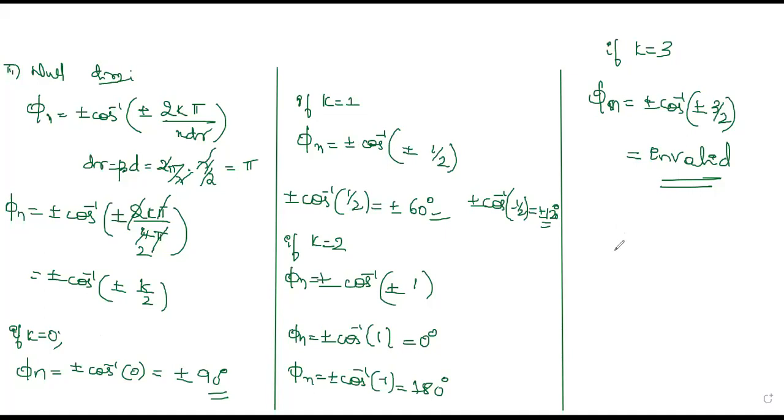Suppose you don't know the formula, you have the null equation. To this null equation, you substitute k is equal to 1 and you will get the same formula for first null beam width. But we know the formula already. What is phi naught? Phi naught is equal to plus or minus 2 sine inverse of 2 pi by n dr.